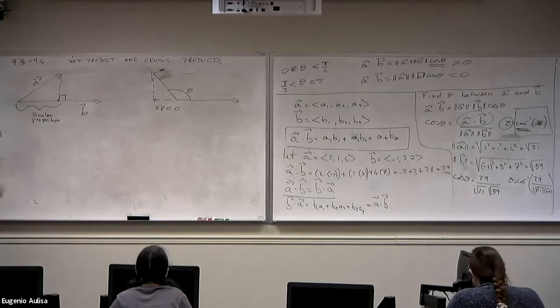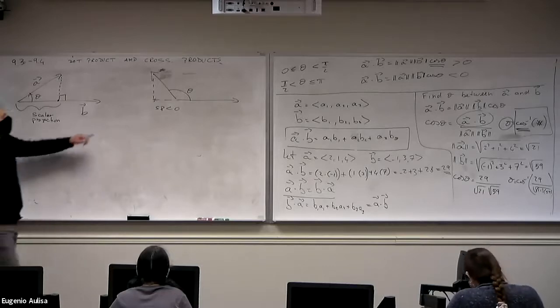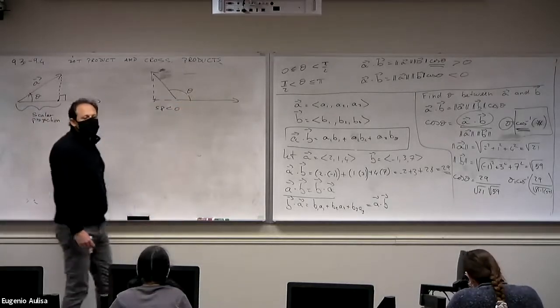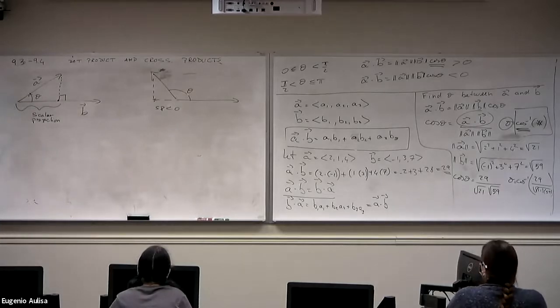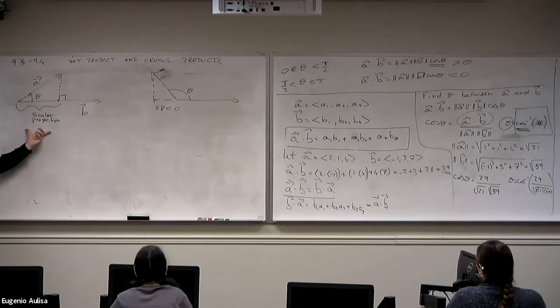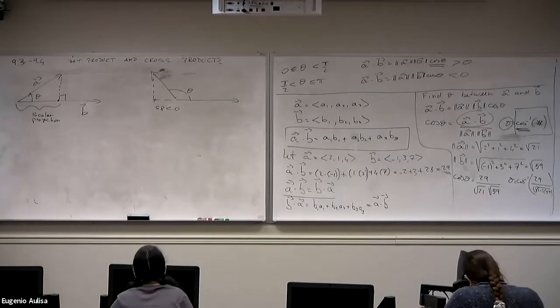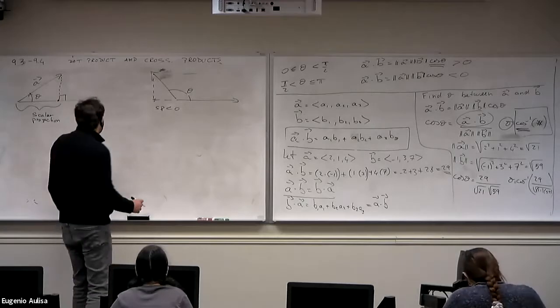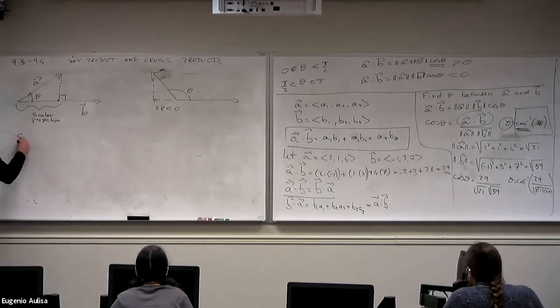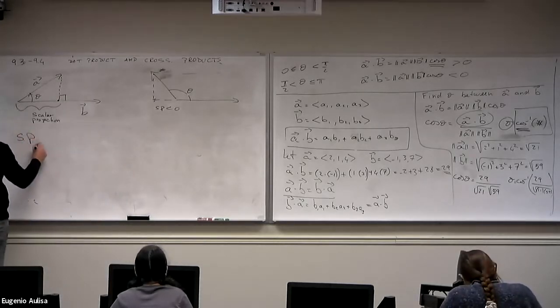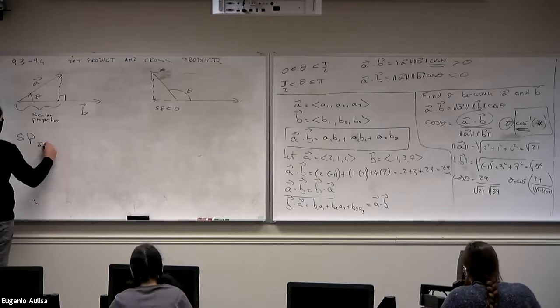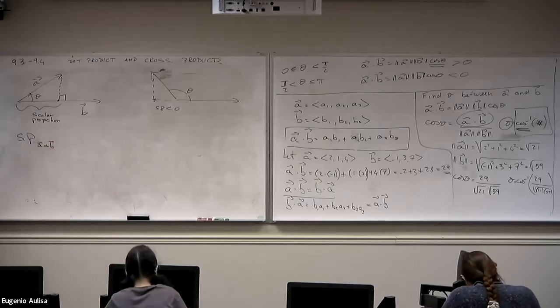So basically, if this angle theta is less than pi over 2, the scalar projection is positive, and if it is greater than pi over 2, the scalar projection is negative. So the scalar projection is a length with sign. So, the scalar projection of A on B. So we are projecting A on B.